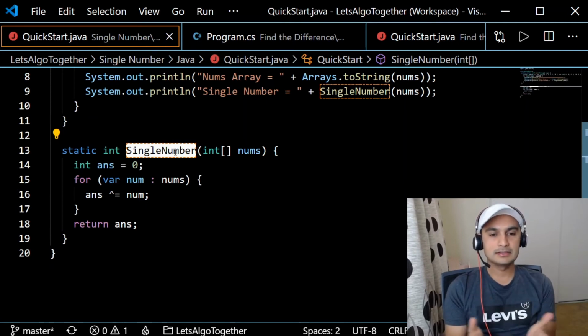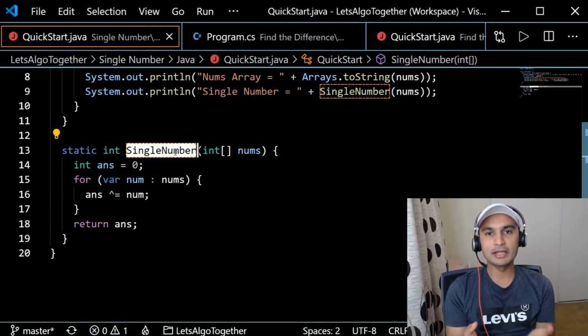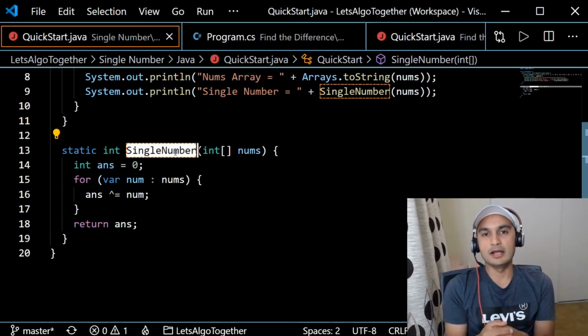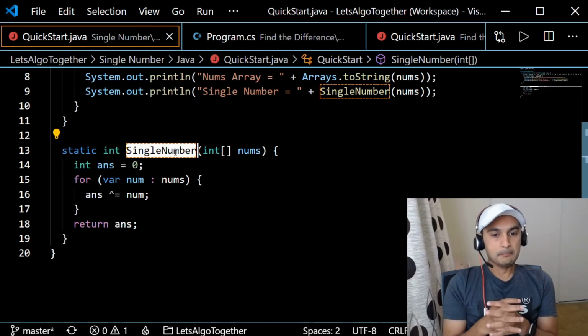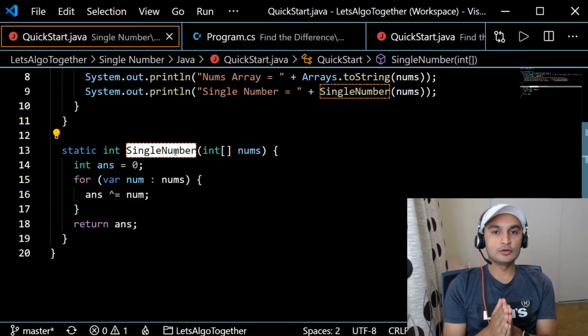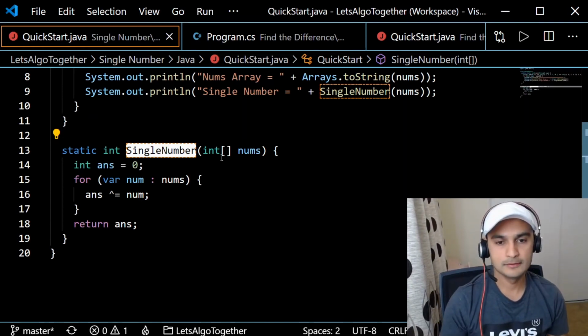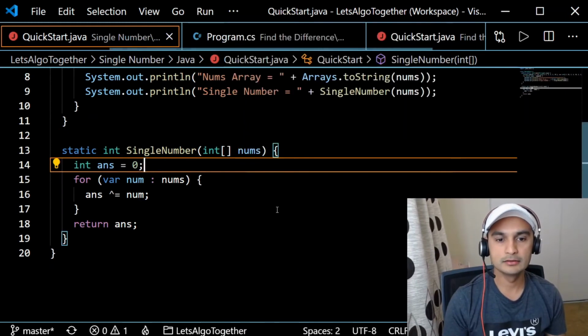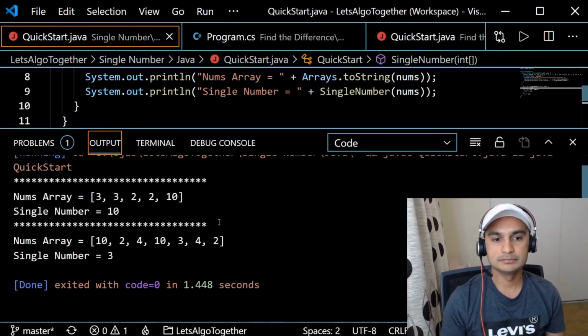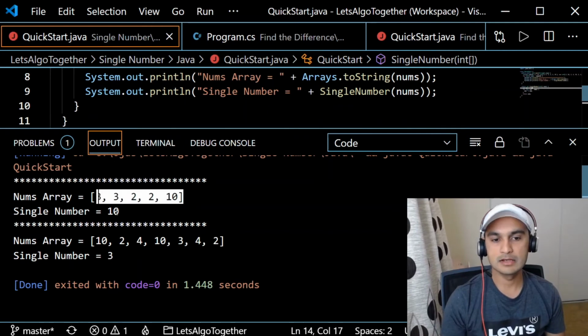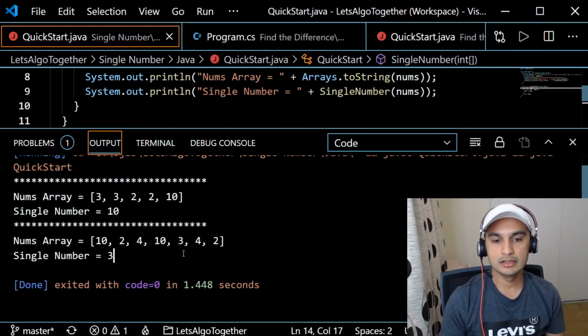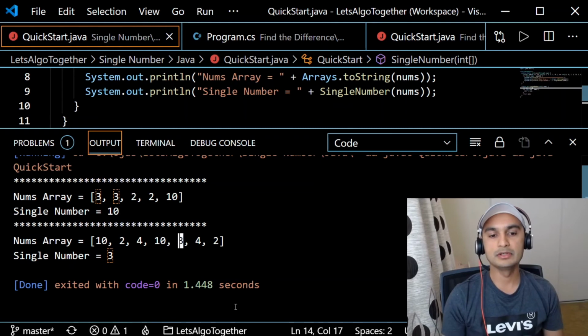This is such a short code, we don't even have to run it. Even looking at the code, we can say that yes, this will run and give us the required output. But just keeping our ritual of running code together, let's run the code. So there you go, guys. Our arrays and our unique number 10, and for the second example, our unique number 3.